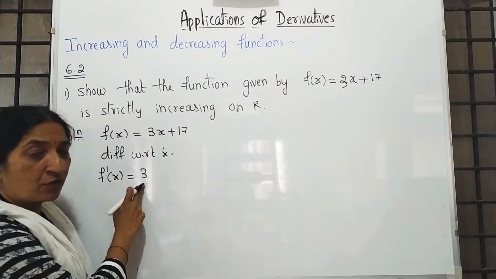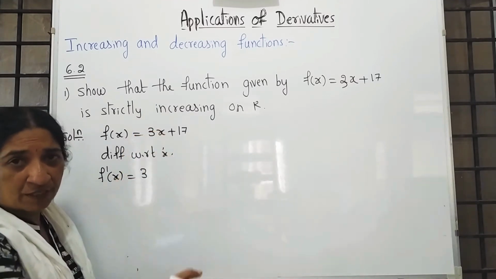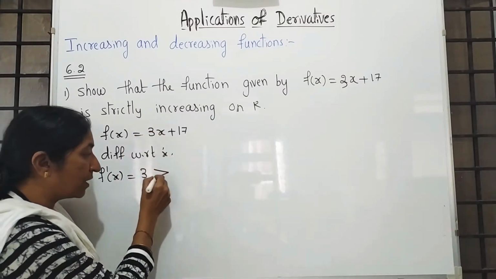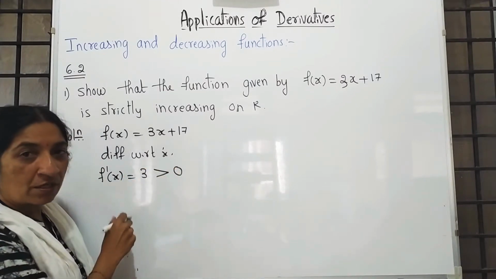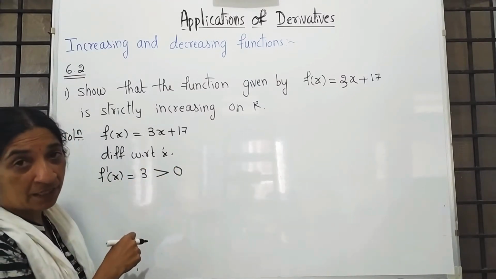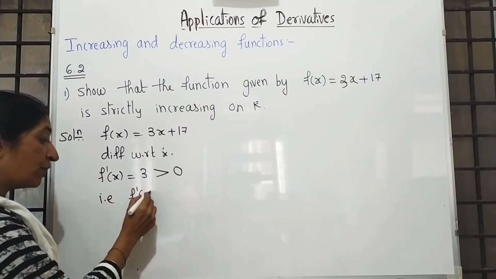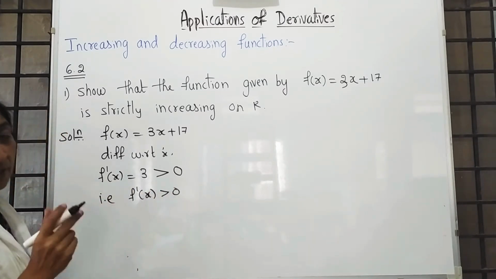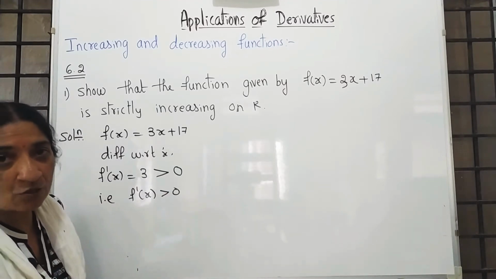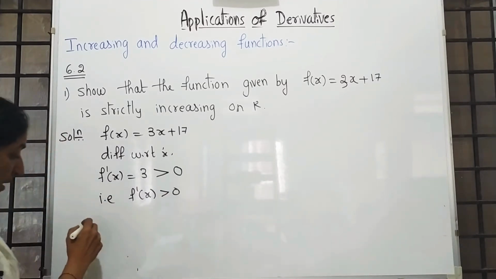See, 3 we will not change because 3 is fixed, it is always positive. Is it greater than 0 or what? Yes, 3 is a positive number, it is greater than 0. That means f dash of x, the first derivative, is greater than 0. If the first derivative is greater than 0 means the given function is strictly increasing.